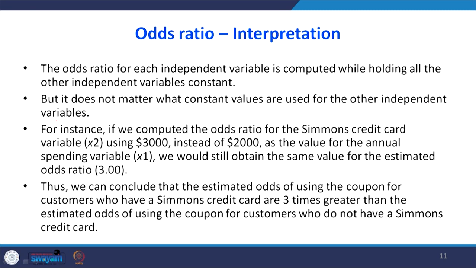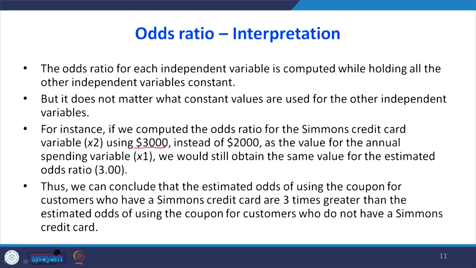So, we need not bother about the constant variables. For instance, if we computed the odds ratio for Simon credit card variable X2, with $3,000 expenditure instead of 2000 as the value of the annual spending variable X1, we would still obtain the same value of estimated odds ratio. So, the constant does not matter.